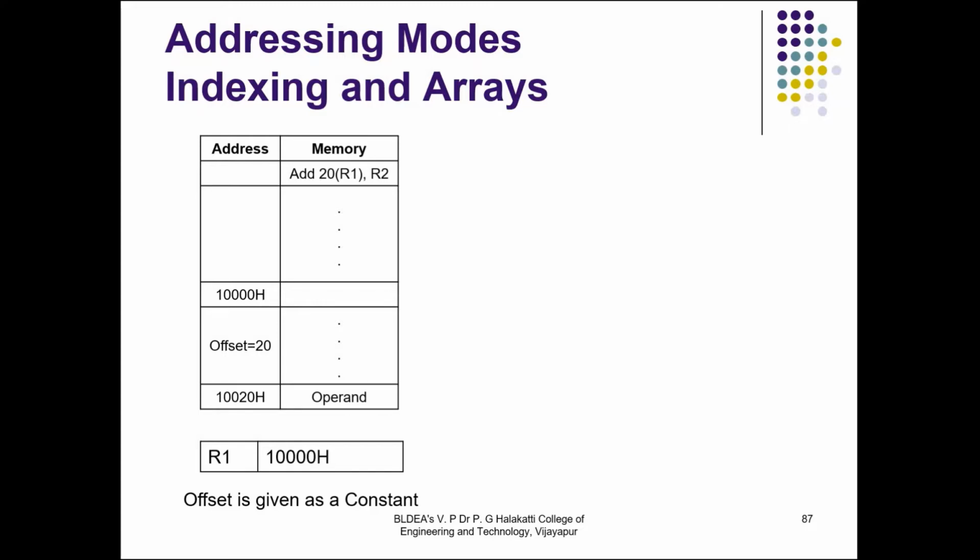This X acts as an offset, and it is added to the content of Ri, and you will get the value of the new memory location where the operand is stored.